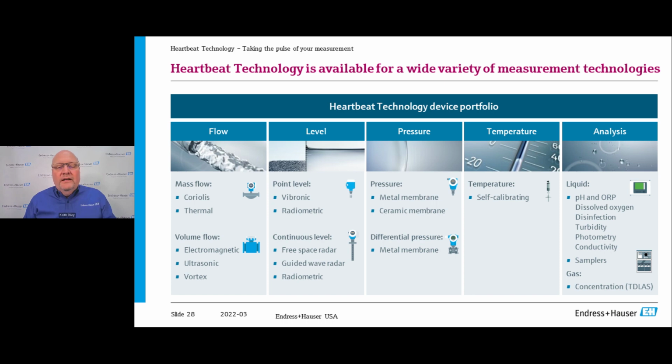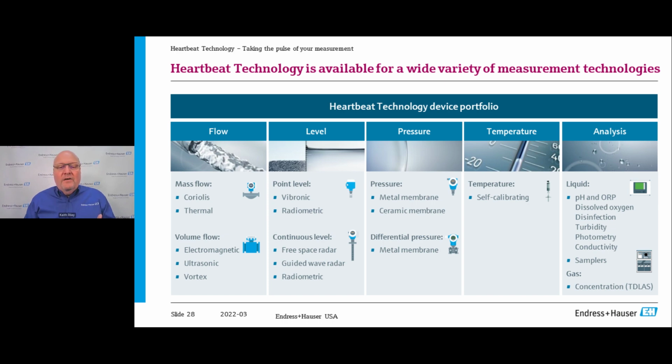As I look to give you an example of the kind of devices you can get today with Heartbeat Technology, we've got flow, Coriolis, thermal, point level, and continuous level devices. All of these devices, even into our analytical, have Heartbeat Technology available to them.